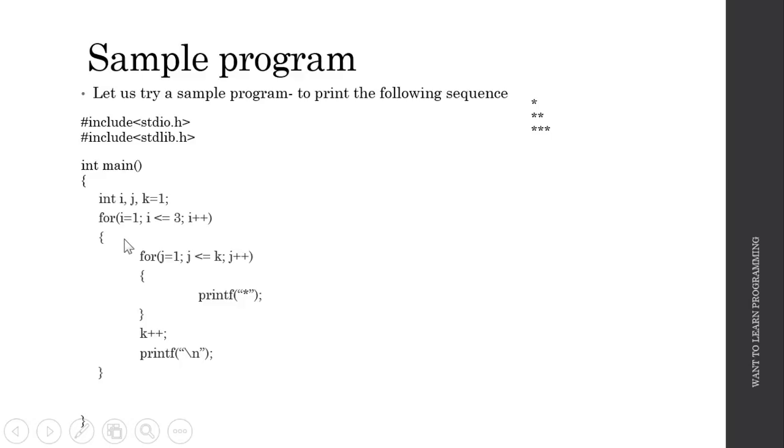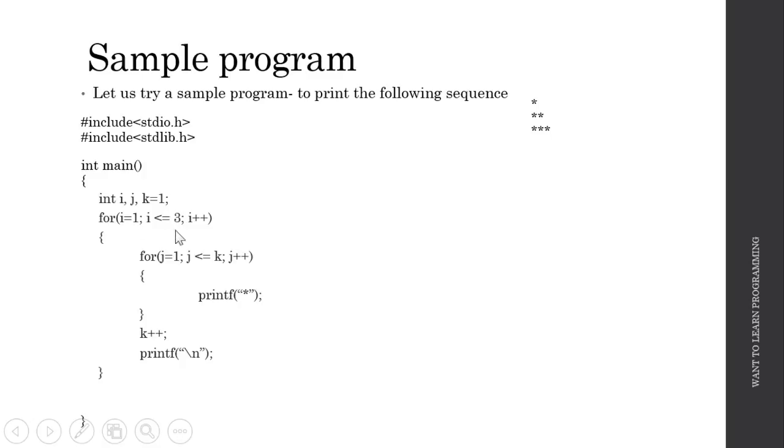Next iteration again, it will increment the value of i to 3 and execute the for loop again, where j is equal to 1, j is smaller than equal to k. Here k value is now 3. So this printf will execute thrice, that is 1, 2, 3, and it will increment the value of k and it will go to the next line.